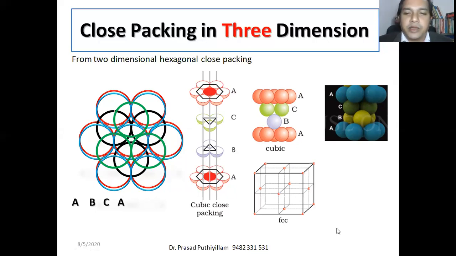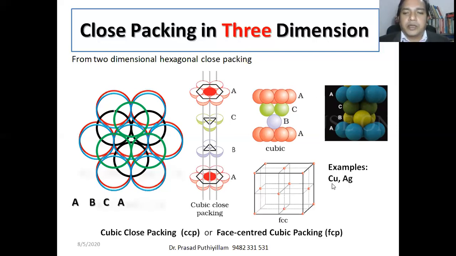Therefore, we call this cubic close packing or face-centered cubic close packing, CCP or FCC. Examples are copper and silver, which form the face-centered cubic packing, known as cubic close packing.